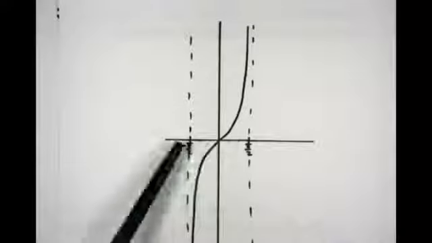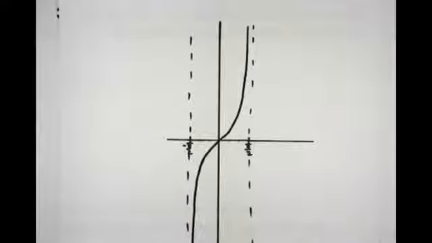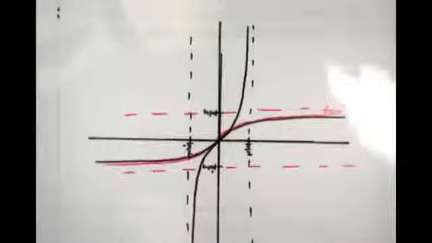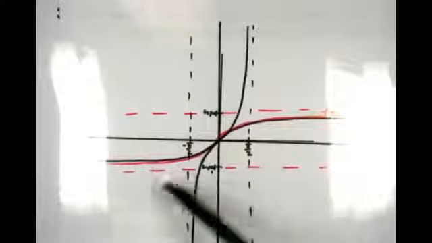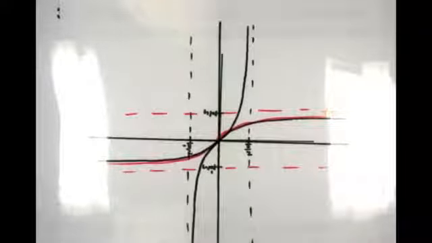Tangent has asymptotes there, so we need to restrict the graph. And that's why we have open brackets from minus pi over 2 to pi over 2. And the inverse is, of course, the reflection by y is equal to x, so we switch x with y.